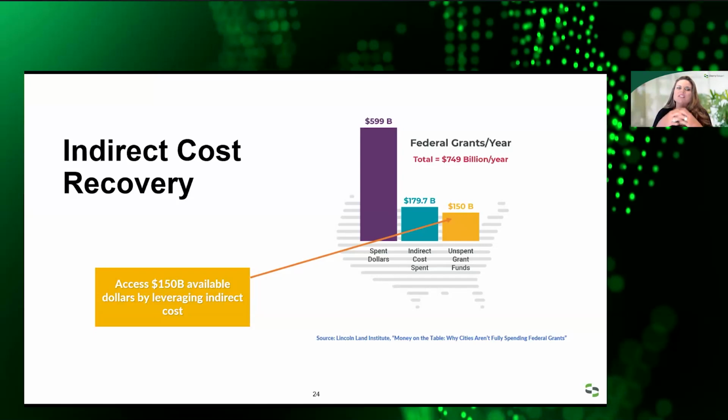But this is just an example that I wanted to show you. Of all of the funds that we are looking at, in this particular example of $749 billion, over $150 billion was not spent. And we can leverage our indirect cost rate to capture that.